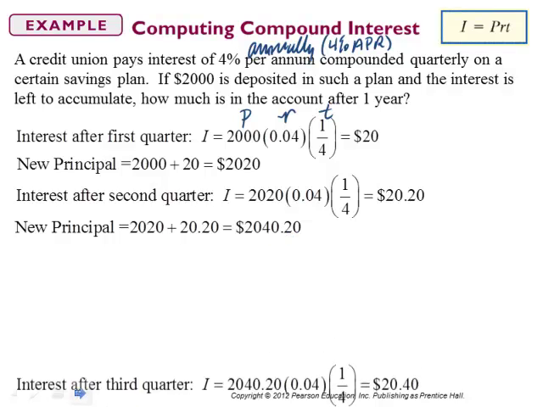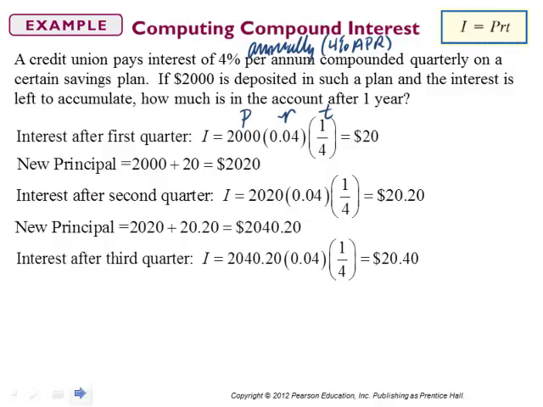And then at the end of the third quarter, simple interest again on that principal for that third quarter. Now your interest awarded to you is 20.40, and that gets added. Don't worry, I'll give you a minute to look at this when I'm done. And your new principal for the fourth quarter is now 2060.60.